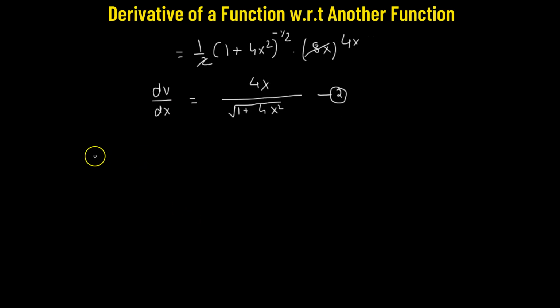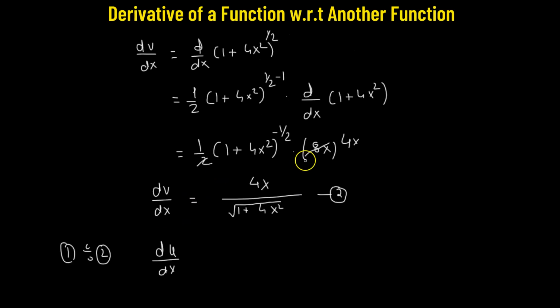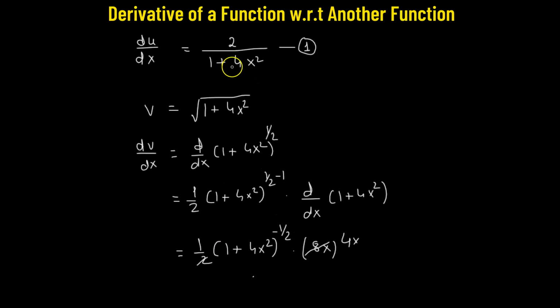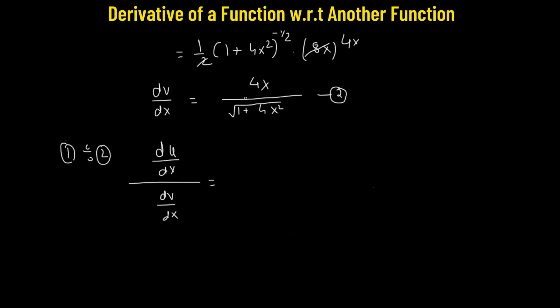So what we'll do, we will divide 1 by 2. So we will have du with respect to dx divided by dv with respect to dx. In du over dx, we obtained 2 divided by 1 plus 4x squared. So this is divided by equation number 2.